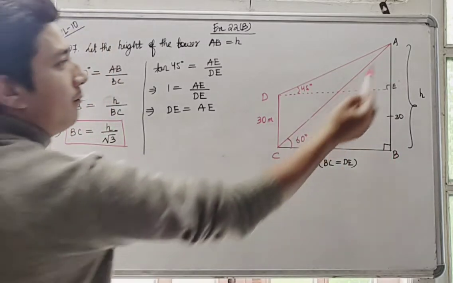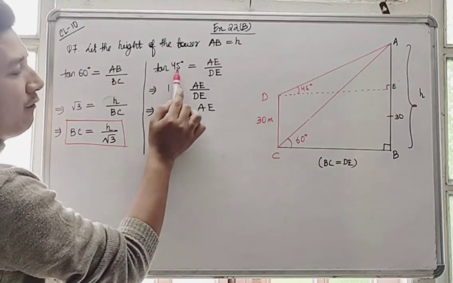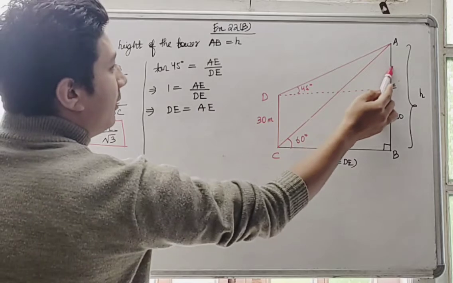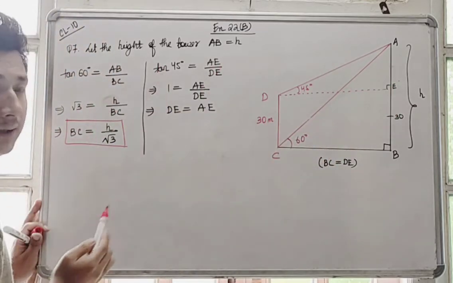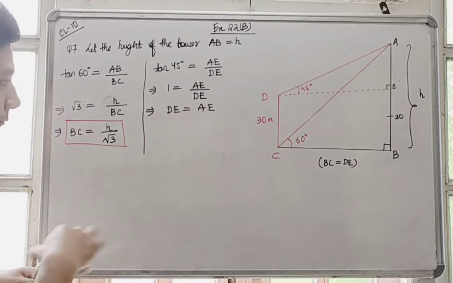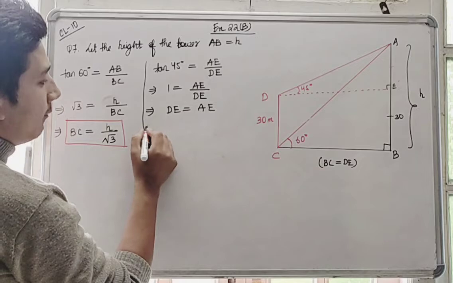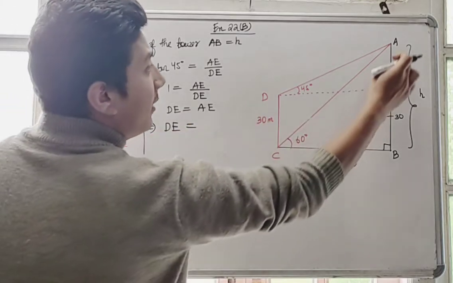Now similarly from triangle AED, tan 45 degrees equals AE by DE, and tan 45 is 1. So DE equals AE.